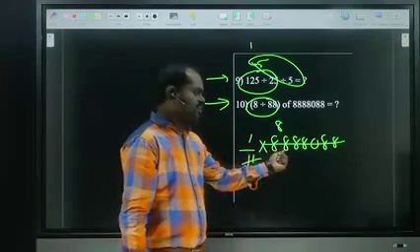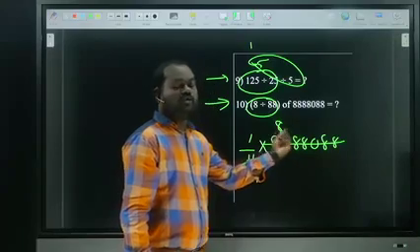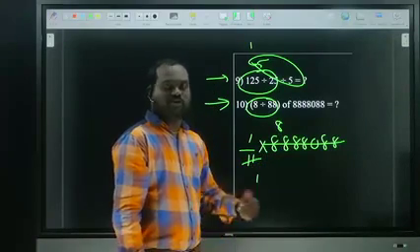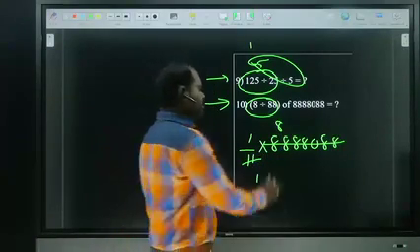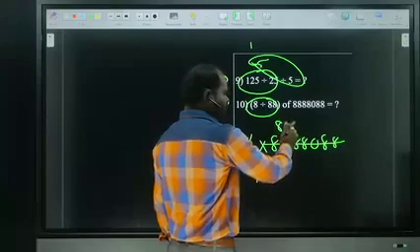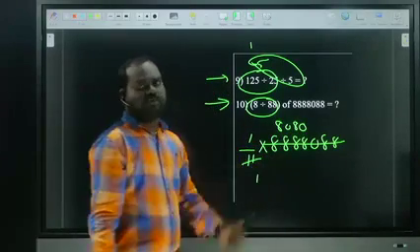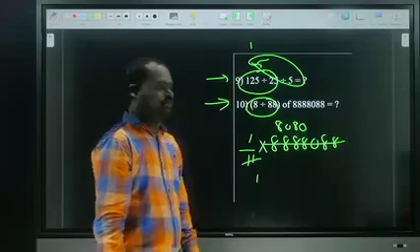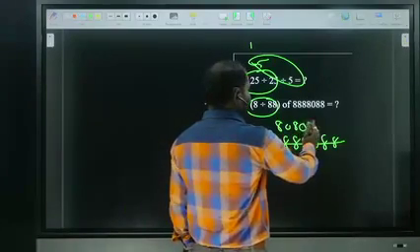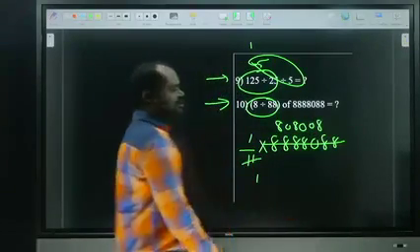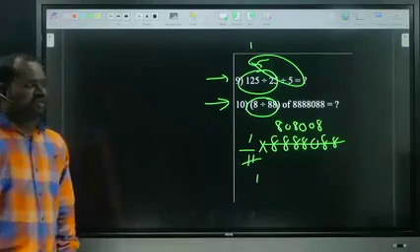Actually, you should take a single digit, but whenever you need to take two digits, at that time you should write the 0. 11 eights, this 0 as it is. Again, we need to take two digits, so we should write the 0. 0, 11 eights. So what is the answer? 808008. Right, correct answer.